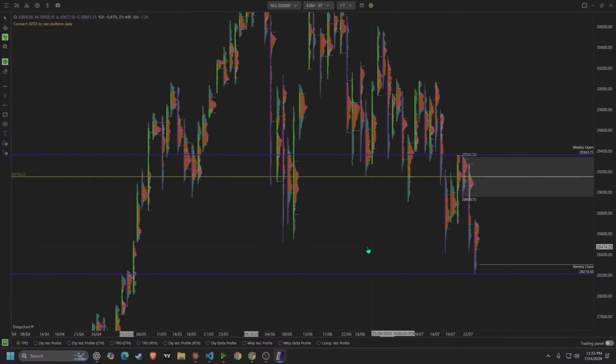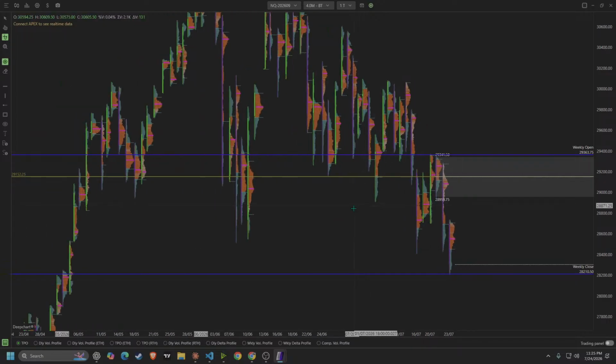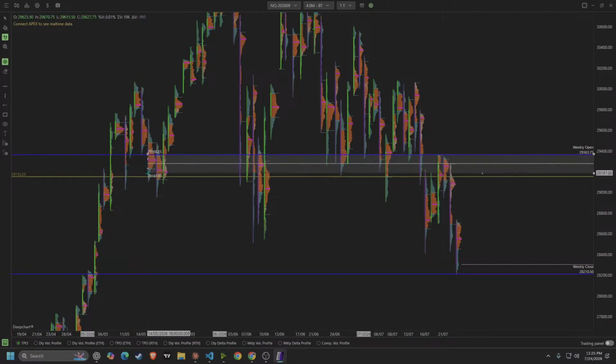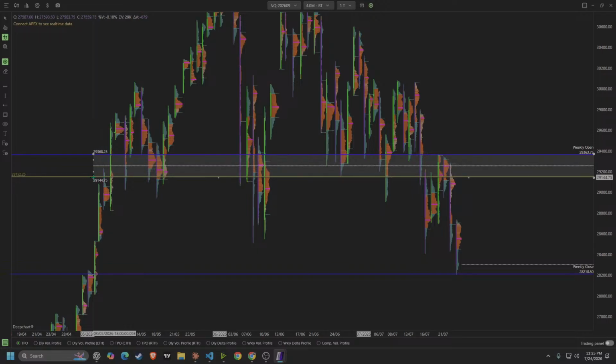So this zone right here is what I would consider the top of the range and the last place where price battled and fair value was established. And this is NASDAQ.